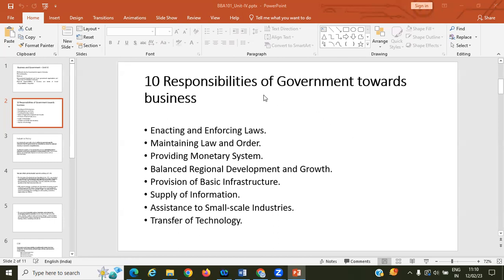So these are the different responsibilities of government, different roles of government. Providing monetary system is providing banks. Balanced regional development and growth.